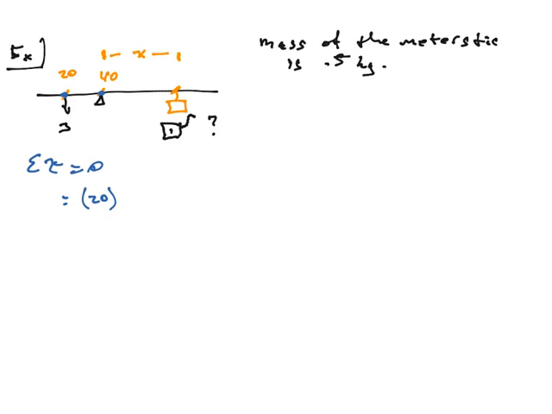Note this 20 is not where he is, but it's from where he is to the fulcrum. So from 20 to 40 is 20 centimeters. Okay, you're not putting the centimeter number, you're putting how far away you are from the fulcrum. And in this case, it happens to be 20.